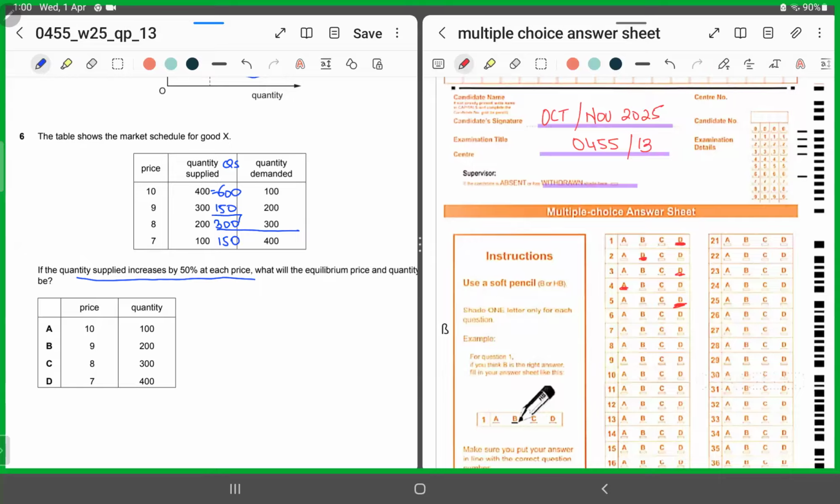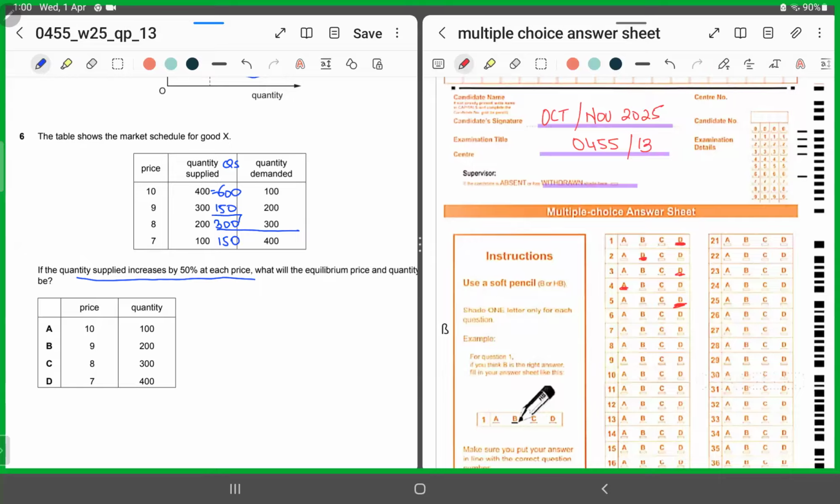Alright, MCQ number 7. MCQ number 7 has given us information and they are asking us to calculate price elasticity of supply. Now we know price elasticity of supply is equal to percentage change in quantity supplied upon percentage change in price. The triangle displays the change. Now, how do we calculate percentage change in quantity supplied?